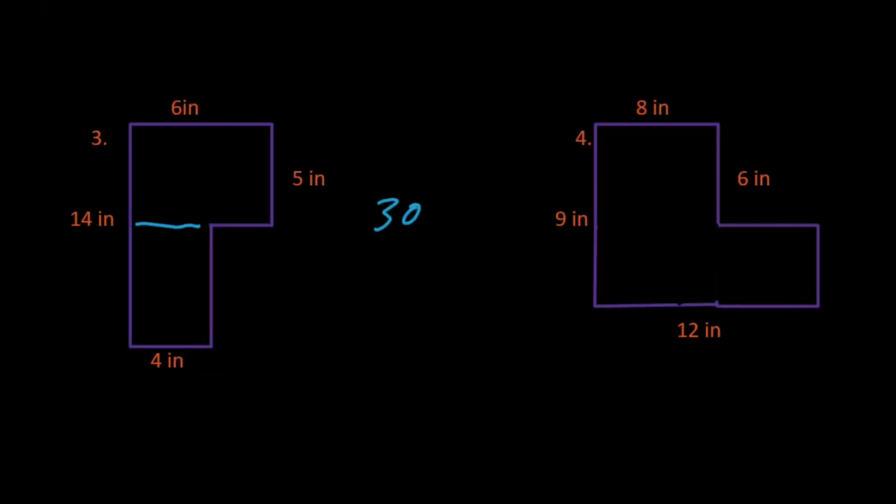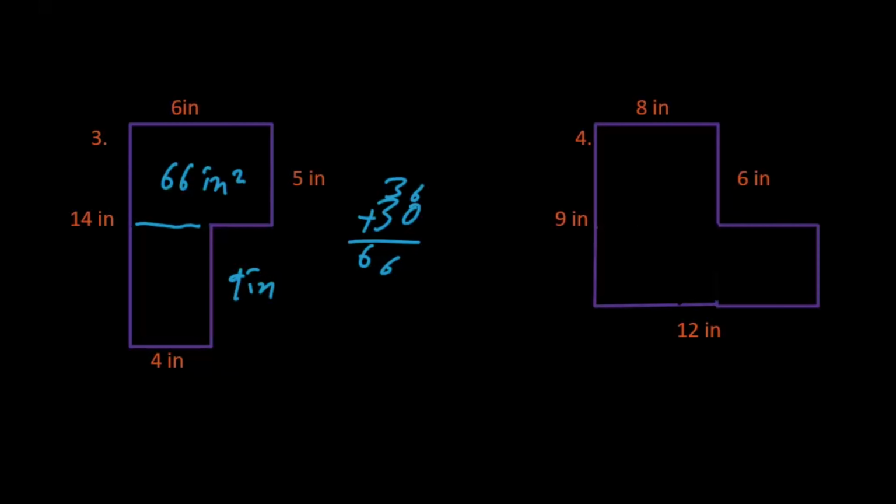Okay, so we have to do 14 minus 5, which is 9 inches. Okay, so 4 times 9 is 36. 6 plus nothing is 6. 3 plus 3 is 6. Okay, so the area for this is 66 inches squared.